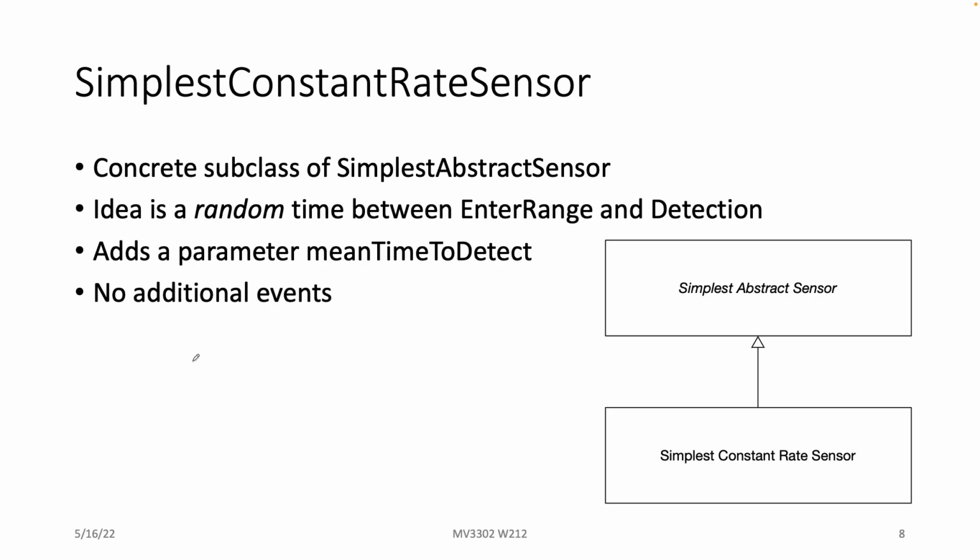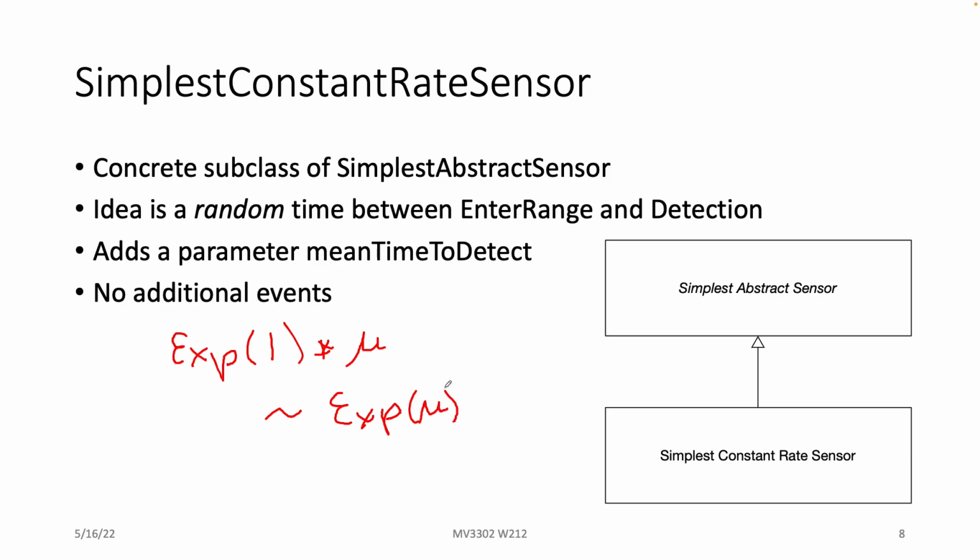And when we do that, we're going to notice that for the exponential distribution, if I have an exponential random variable with a mean of 1, and I multiply it by some other positive value, then that turns out to also have an exponential distribution with that value as its mean.